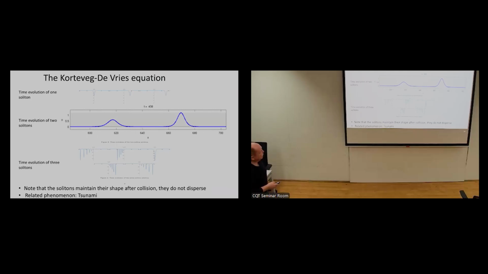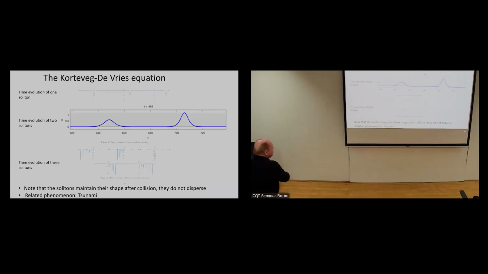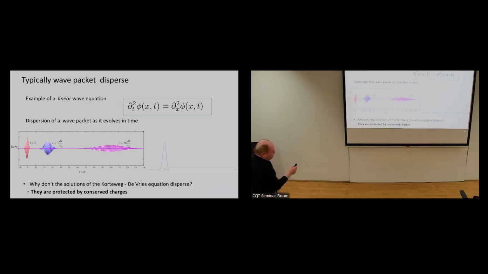To appreciate this, let us look at a simple wave equation. Unlike the previous Korteweg equation, here it's a linear equation, while the previous equation was very nonlinear. See, it has phi and product of phi's. So what happens if the equation is linear, a typical wave equation?